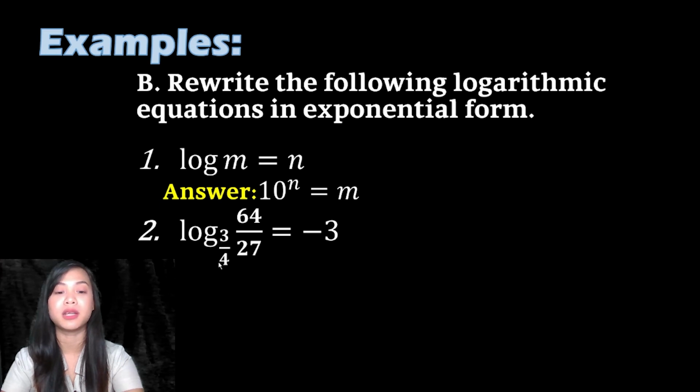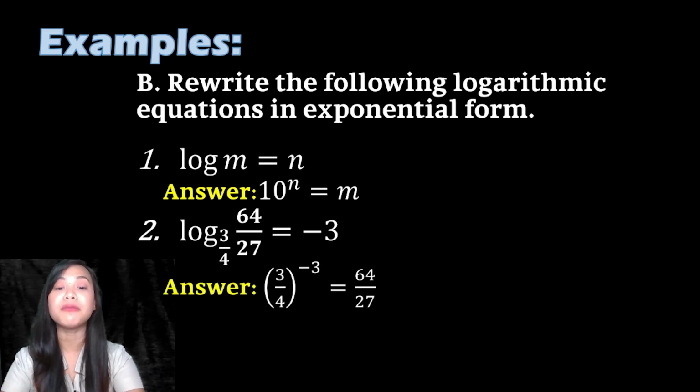It becomes the reciprocal of 3 over 4 raised to 3. So we have 4 raised to 3, that is 64, and 3 raised to 3, that is equal to 27. When we rewrite it in exponential form, we have 3 over 4 raised to negative 3 equals 64 over 27.